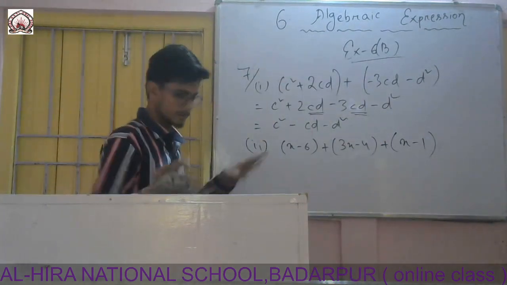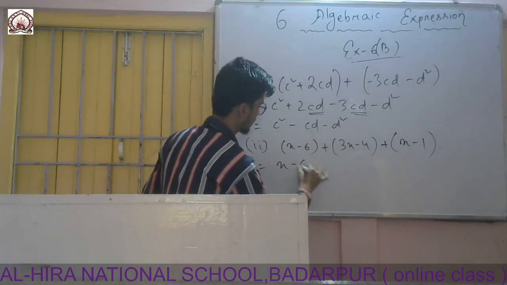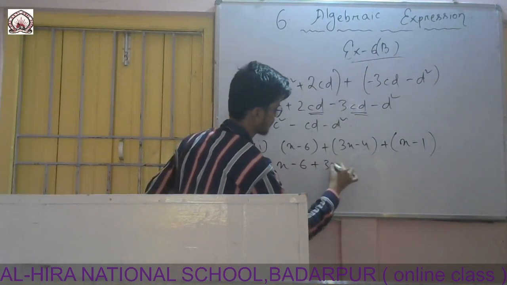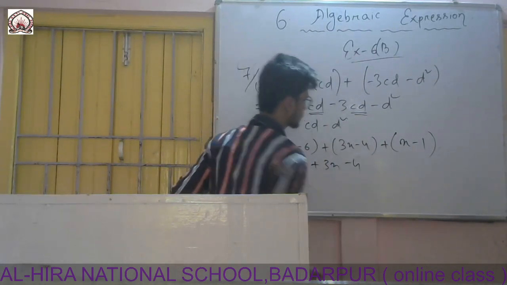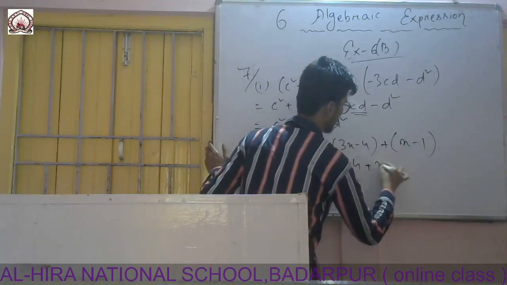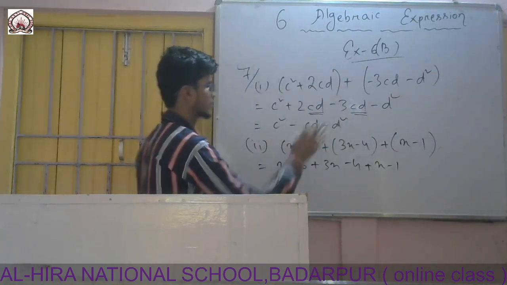First of all I will break the bracket. It will be x minus 6. They are plus signs, so simple. Plus plus is plus, plus minus is minus. Again a plus sign, x minus 1. I simply remove the bracket.